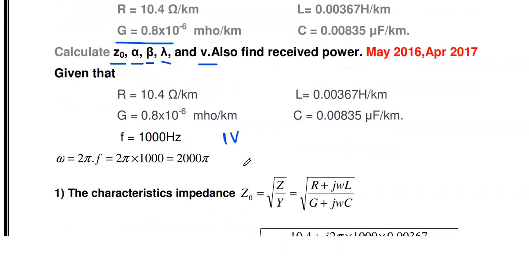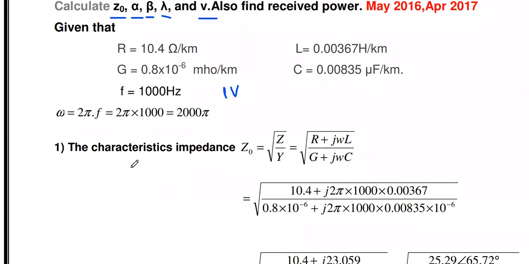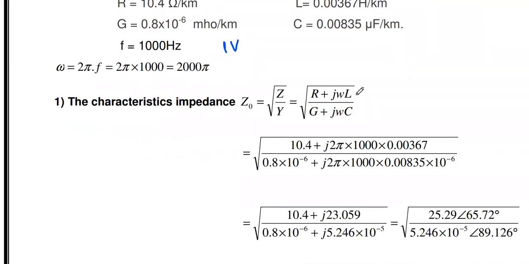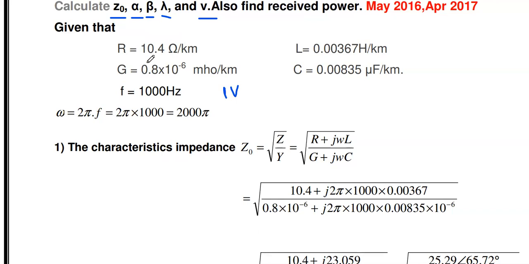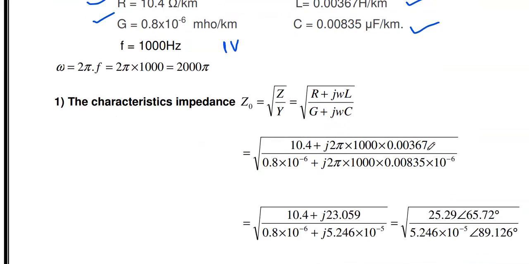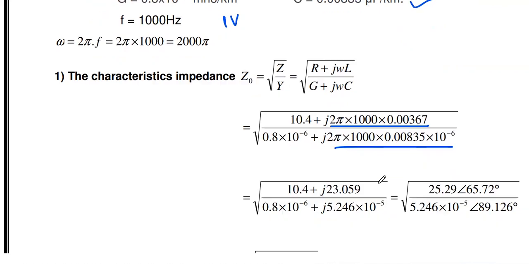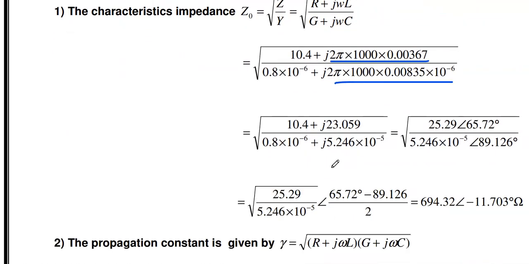First we have to find the characteristic impedance. You know the formula, characteristic impedance is square root of Z by Y. So square root of R plus j omega L by G plus j omega C. Simply substitute the R, G, L, and C values here, then multiply these quantities. So you may get like this.